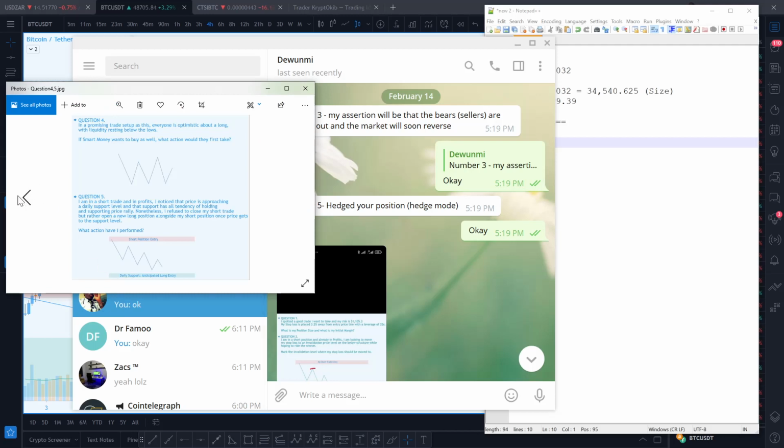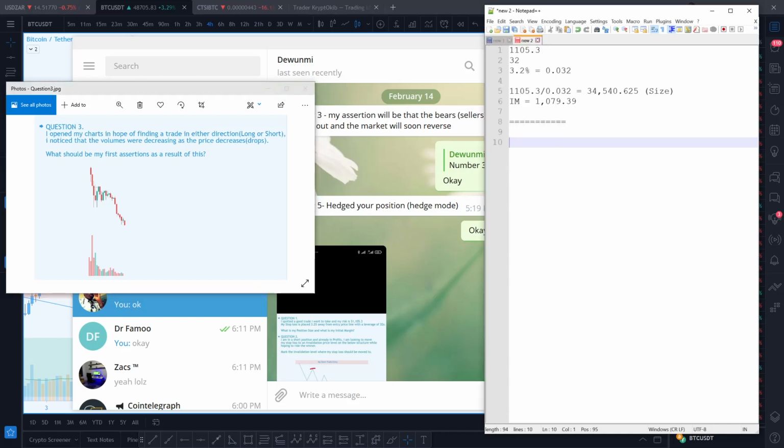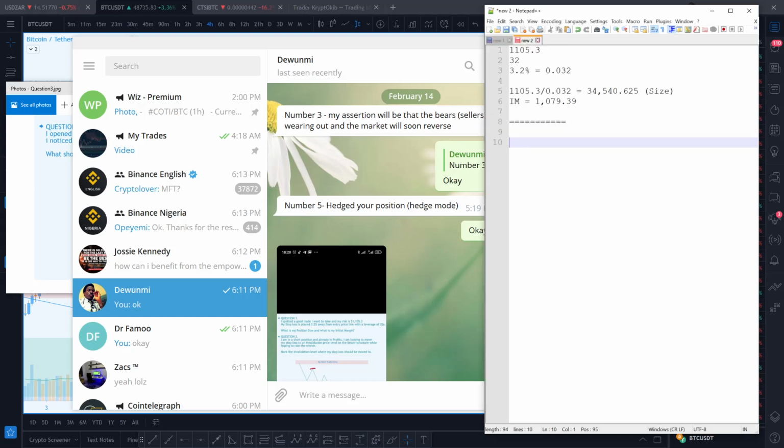Let's check that. What should be the assertions here? Yes, that is correct. Like I said, price is definitely weakening. Sellers are weakening. So what you want to look for is long positions. So your assertion is that sellers are wearing out. That is correct. So that's number 3. He's gotten it right. So that's 1 point, right?